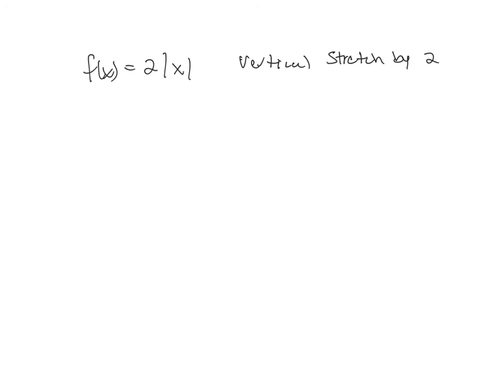So if it's getting bigger, that means it's stretching out. It's getting farther away. That's why we use that term. Okay, if we had a fraction in the front, it's a vertical shrink by 1/3. Instead of going up 3, we're only going to go a third of that. We're going to go up 1. Instead of going up 1, we're going to go up 1/3. It's a shorter distance, so it's shrinking.